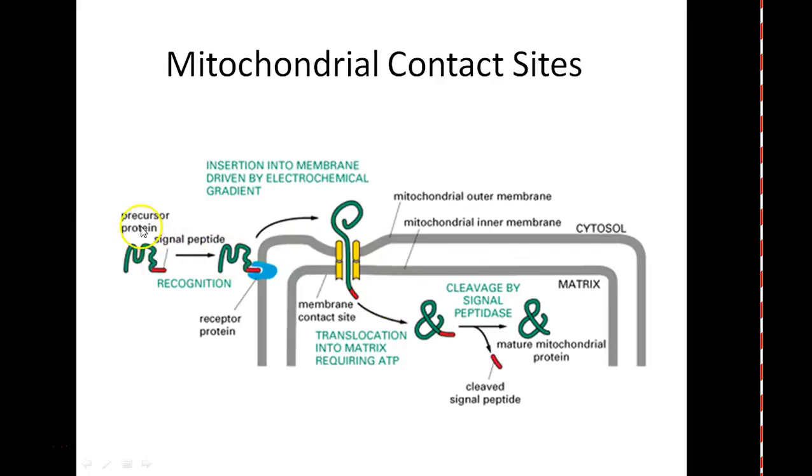So here we have a cytoplasmic protein that has this nice signal sequence telling the machinery that this protein needs to be targeted to the mitochondria. The very first step is the direct physical interaction between the signal sequence and the receptor protein on the outer membrane of the mitochondria.